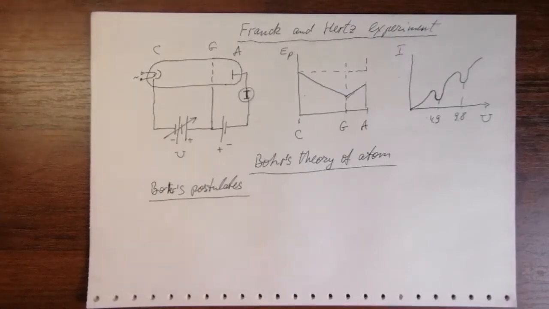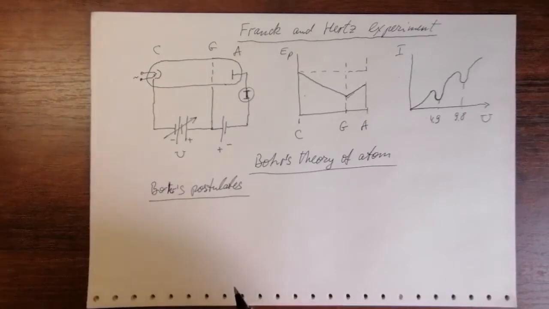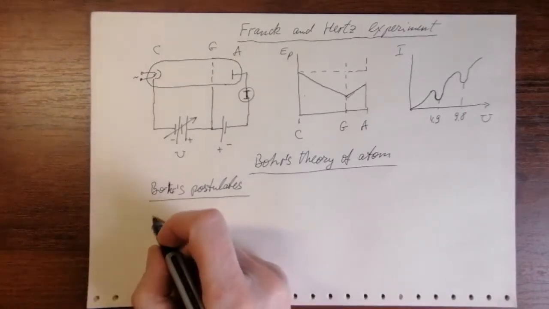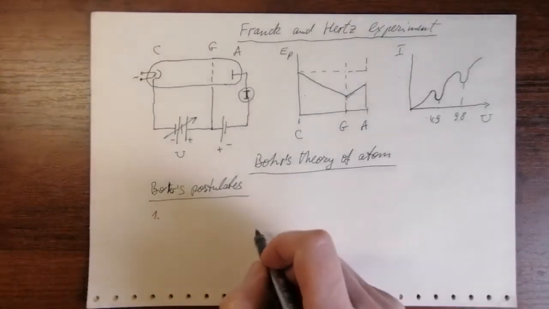So these are ideas which may be right, and if they are supported by experiments, we can say that okay, they are right. If not, we have to say that these postulates are not adequate to experiment. There are actually two postulates. You can find these postulates in any textbook, so I will just say what they are and will not write them down.